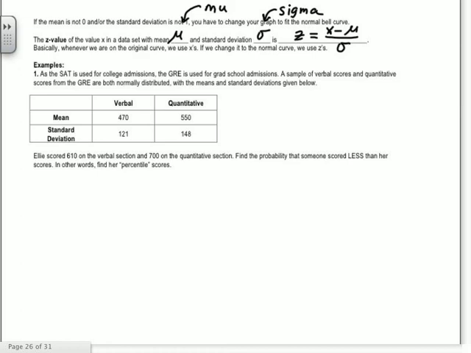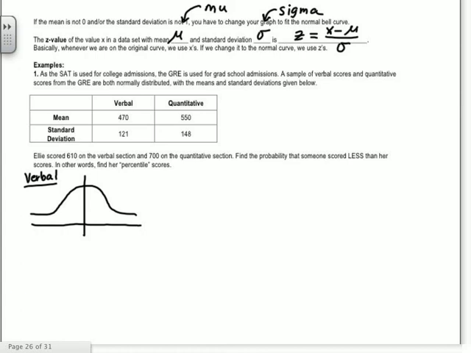All right, if you guys take any kind of standardized test, the scores are normally distributed. So there's a mean score, an average score, and everything's pretty even, pretty symmetric. So let's say we're going to do verbal first. Okay, well, what are the different things we know for her verbal scores?